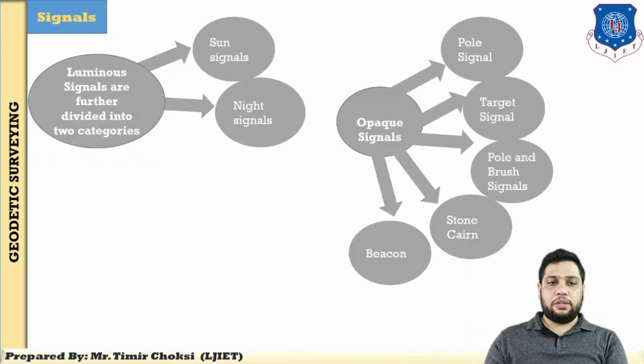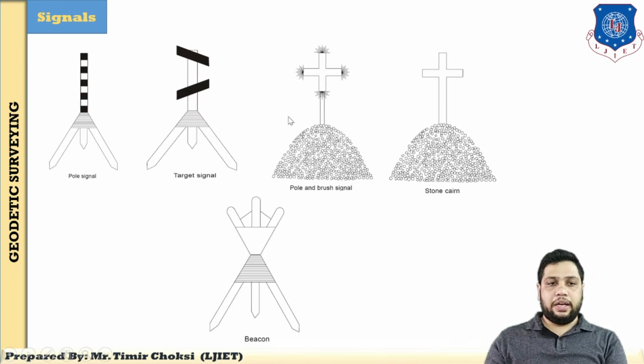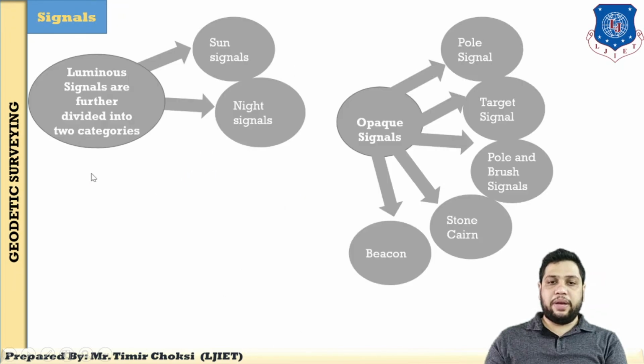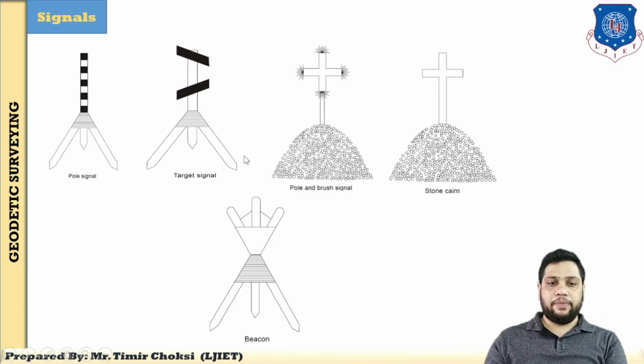Now there are two types, luminous as well as non-luminous. In luminous there are two types, sun signal and night signal, and here are images of the signals. This is a pole signal, a non-luminous signal. This is a target signal, pole and brush signal, stone cairn and beacon. So these are images of the different types of signals.